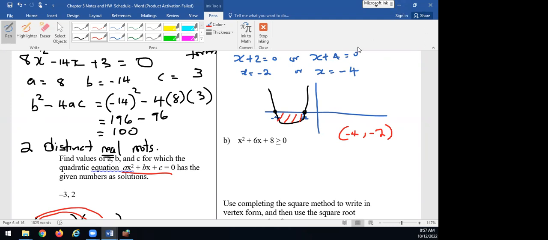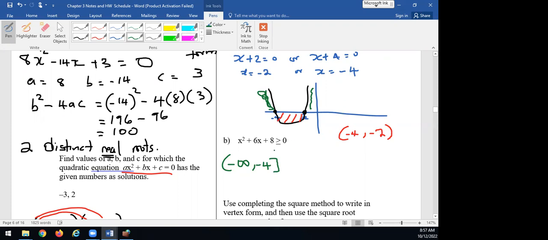Now, where is this graph positive? Where is it above the x-axis? Over this region here, meaning to the left, and also over here. So it's just going to be from negative infinity to where? Negative 4, but use a square bracket at negative 4. Why?